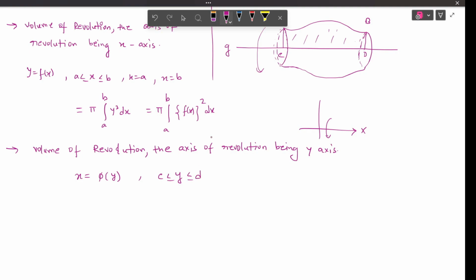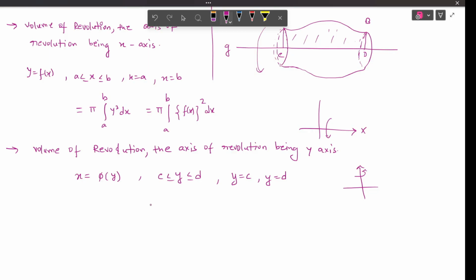Let us say the abscissa y equals c, y equals d, and the y-axis be rotated about this y-axis.